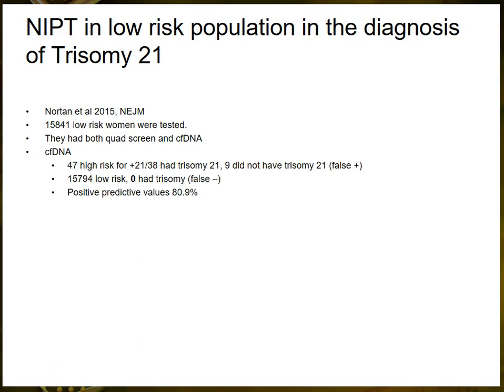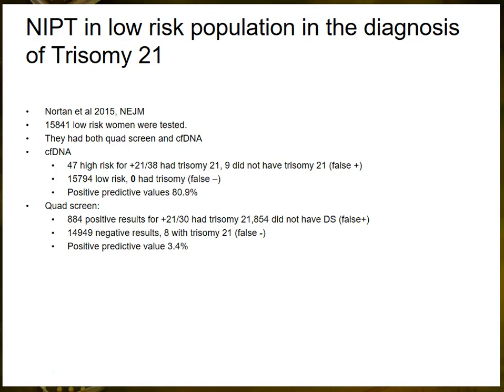So they actually did have a positive risk for Down syndrome, but did not have it. However, of the 15,794 women that had low risk, none had a baby with Down syndrome. So the positive predictive value for this test, unlike in the high-risk population where it's 99%, is 80.9% or 81%.